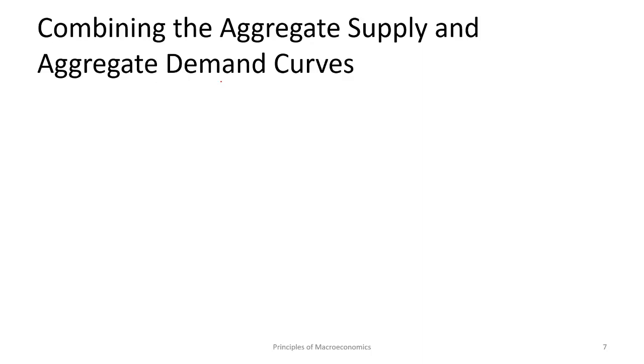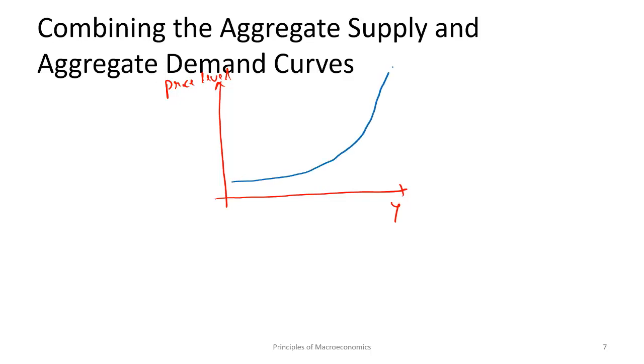So let's draw it again. I just put here price level. I just put Y as GDP. Okay, so I'm going to start using short forms. Y means total output or GDP. This is your short run aggregate supply. This is your long run aggregate supply, and say this is your aggregate demand.